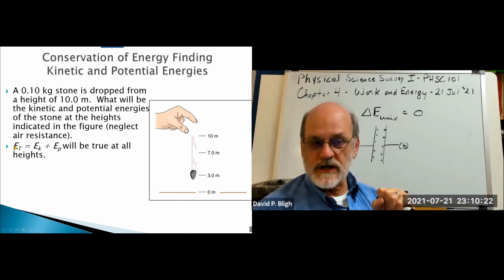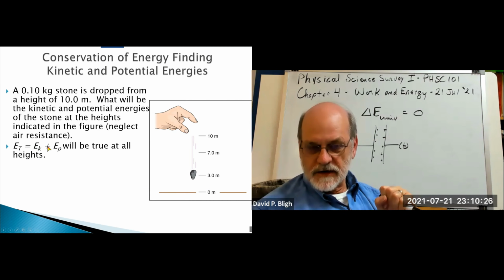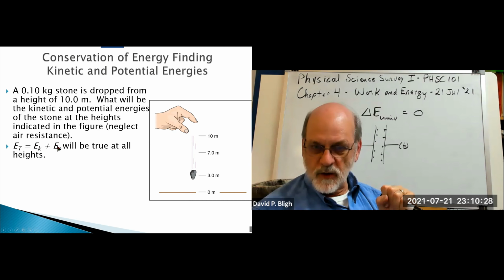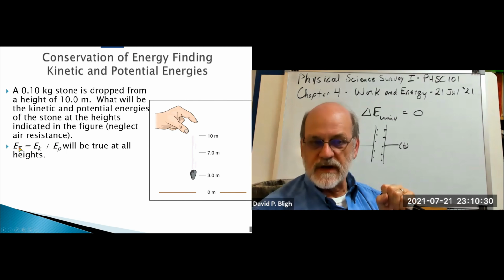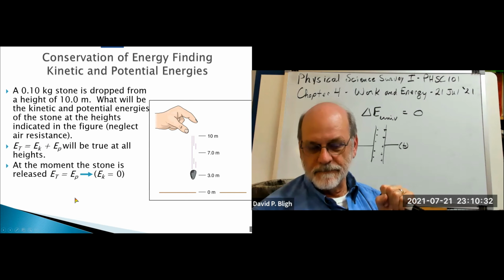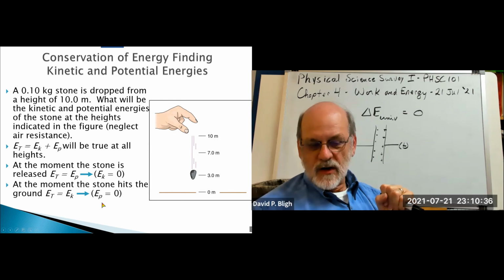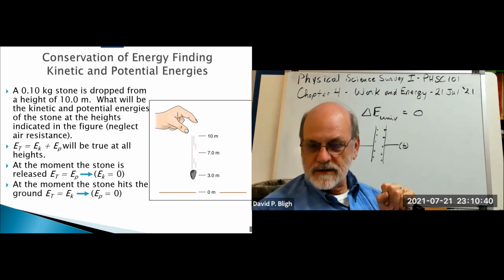So its total energy is going to be the same no matter where it is in its height. The kinetic energy plus its remaining potential energy will always be this total value. When the stone hits the ground, right before it hits the ground, all of its potential energy is converted into kinetic energy.